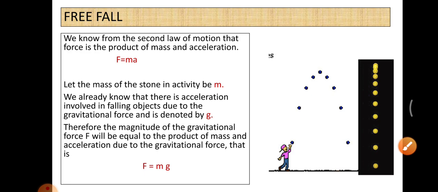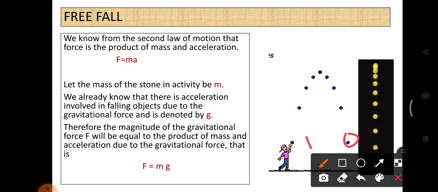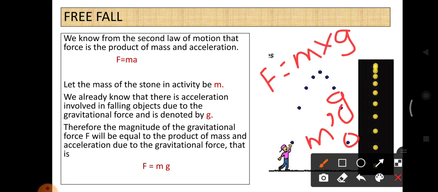Here the mass of this stone is m. We already know the acceleration involved is g. Therefore the gravitational force we can write as m into g, mass into acceleration due to gravity. So there are two formulas for F: one is m into a, mass into acceleration, and the other is m into g, mass into acceleration due to gravity.